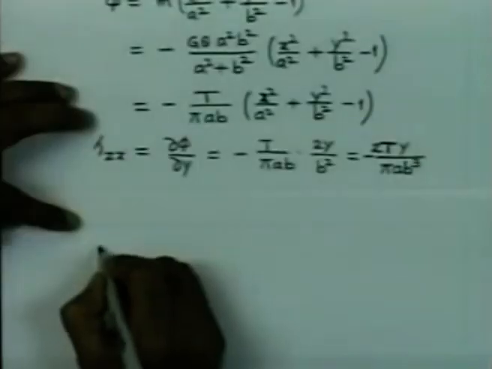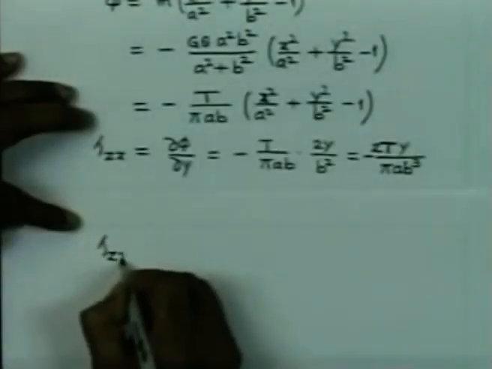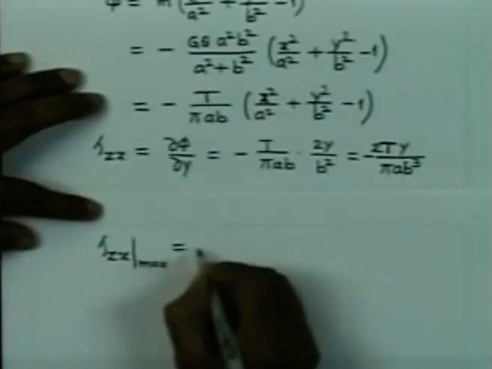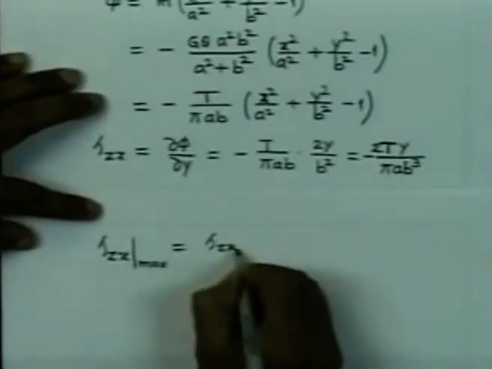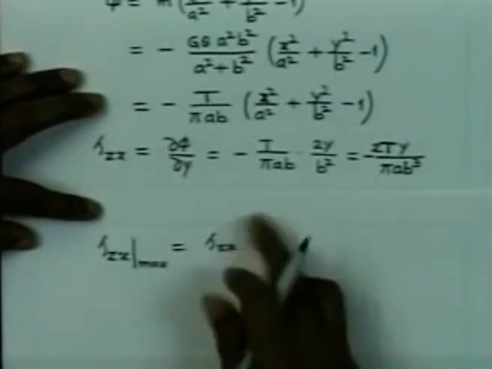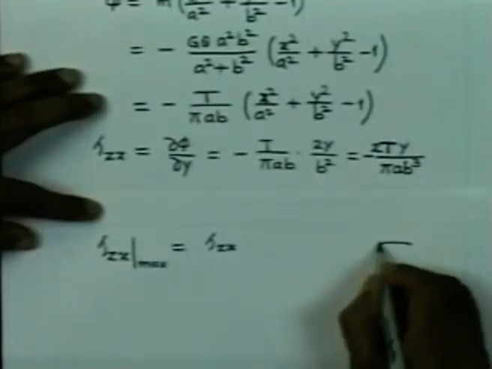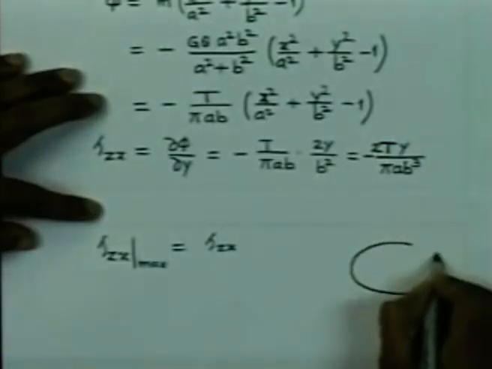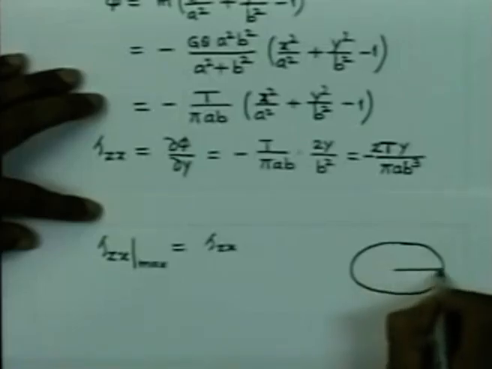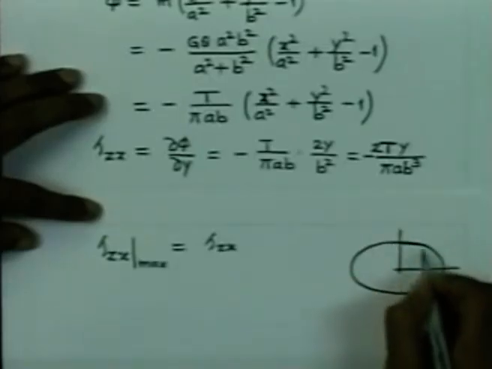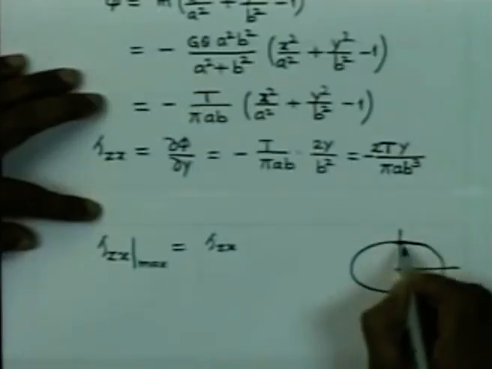So, the maximum stress tau zx is independent of x. If you look into the cross section, it depends only on the distance of the point from the x axis. So, the maximum distance is here.